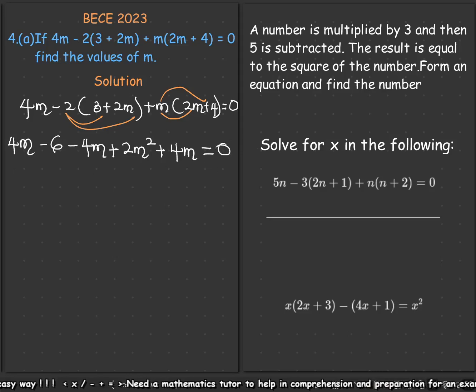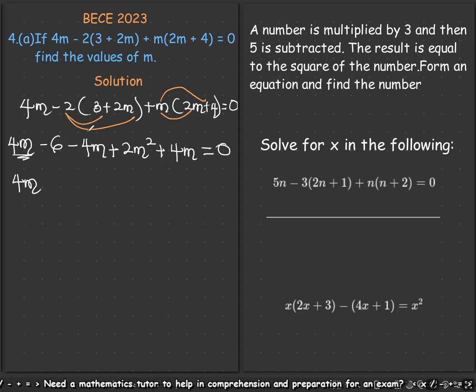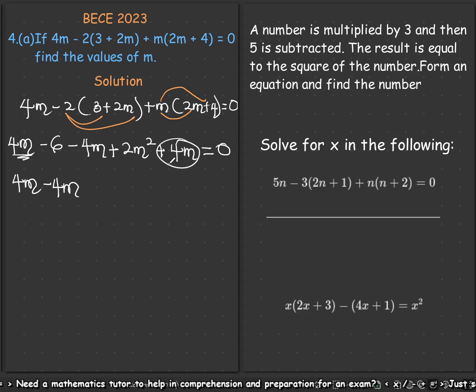Now, if you are able to do this, what you do is try and group like terms. You look out for terms that are similar, and then you can simplify. If you look carefully, we have 4m over here, then we have a negative 4m as well here, and there's also another positive 4m over here.